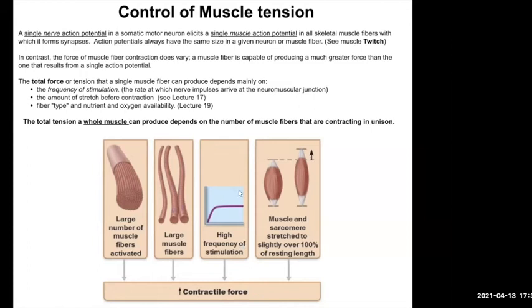Today we're going to talk about the frequency of stimulation, as well as the number of muscle fibers. And actually, we'll talk about the type of muscle fibers on Thursday. So a single action potential giving rise to a single muscle action potential, and there's going to be a difference between the fiber and the whole muscle.